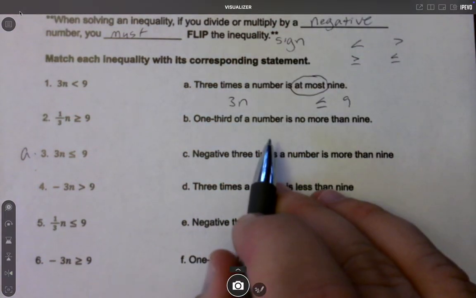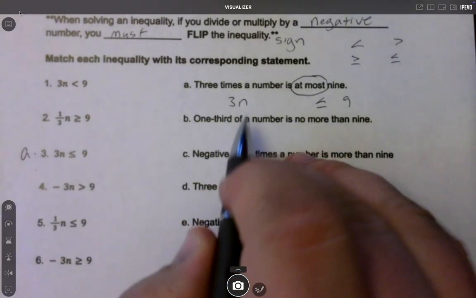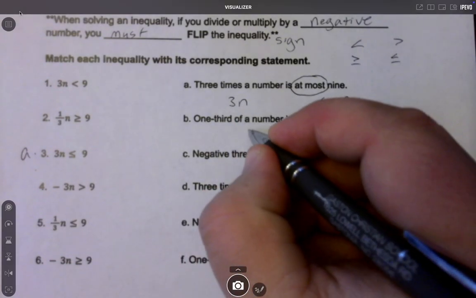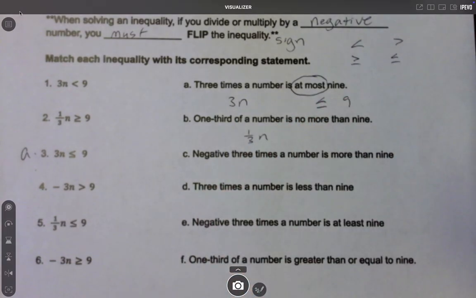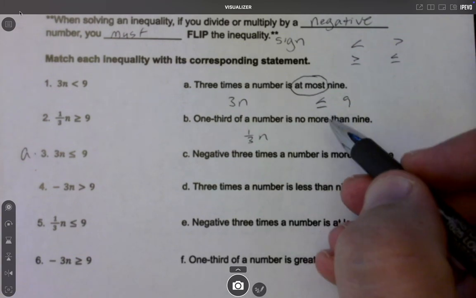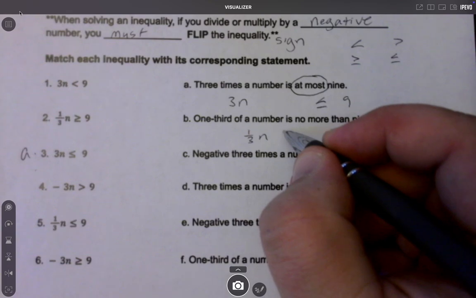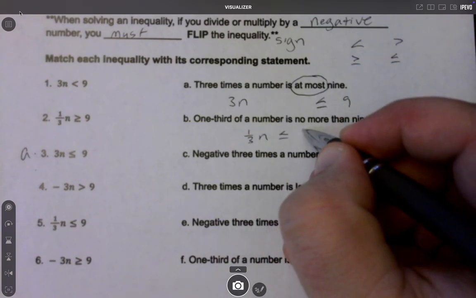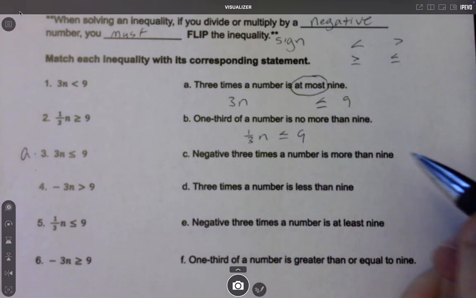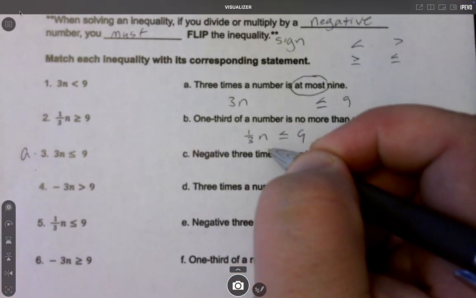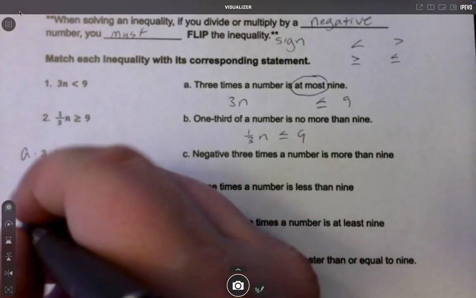Okay, 1/3 of a number. Remember, of turns into times. So 1/3 of a number is no more than 9. So that means less than or equal to 9. So that would go with number 5.